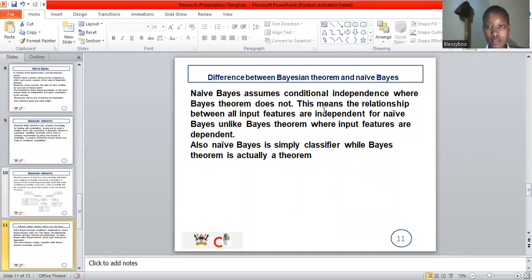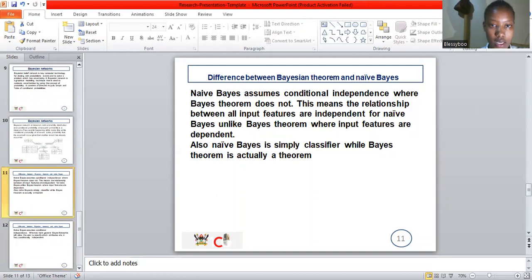This means the relationship between all of the input features is independent for naive Bayes, unlike Bayes' theorem where the input features are dependent. So for Bayes' theorem, the input features depend on each other. You have to consider each of the features, but for naive Bayes, the features are independent. You can only consider one feature. That is why it is called naive.